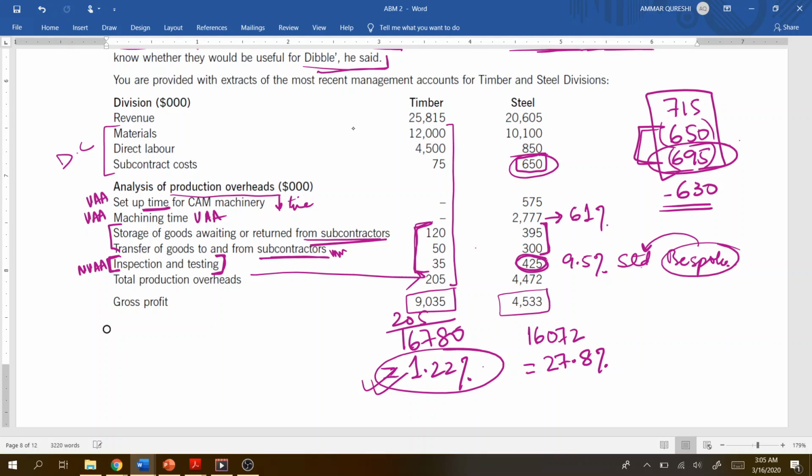Storage cost is very high. So this is also a non value added activity. We have to try to minimize this storage of goods awaiting or return from subcontractor cost.